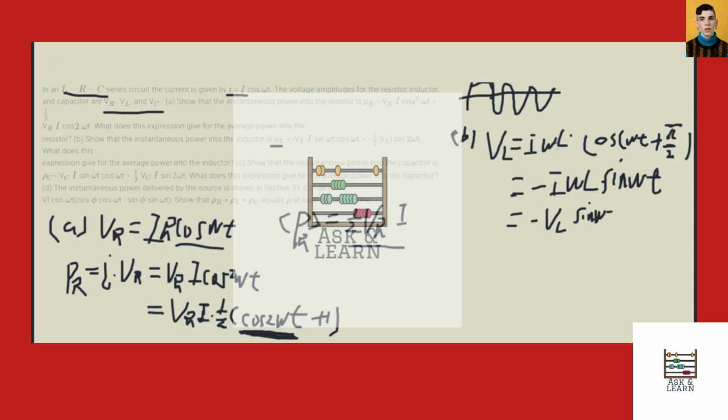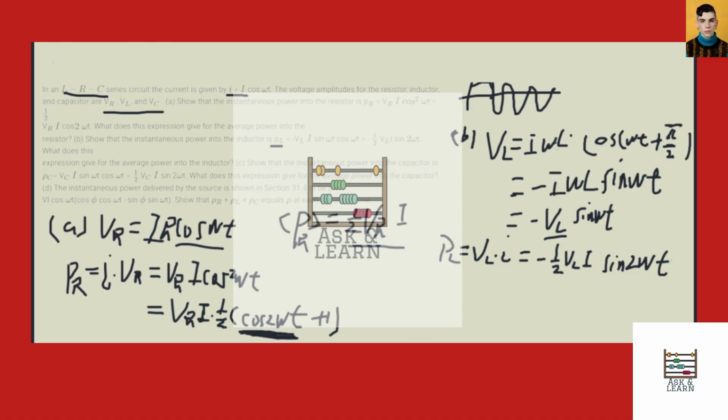So this VL is the amplitude. And the instantaneous power on the inductor will be equal to VL times small i. So equal to negative half VL times I times, just utilizing the trigonometric function relation directly. So equal to this one.